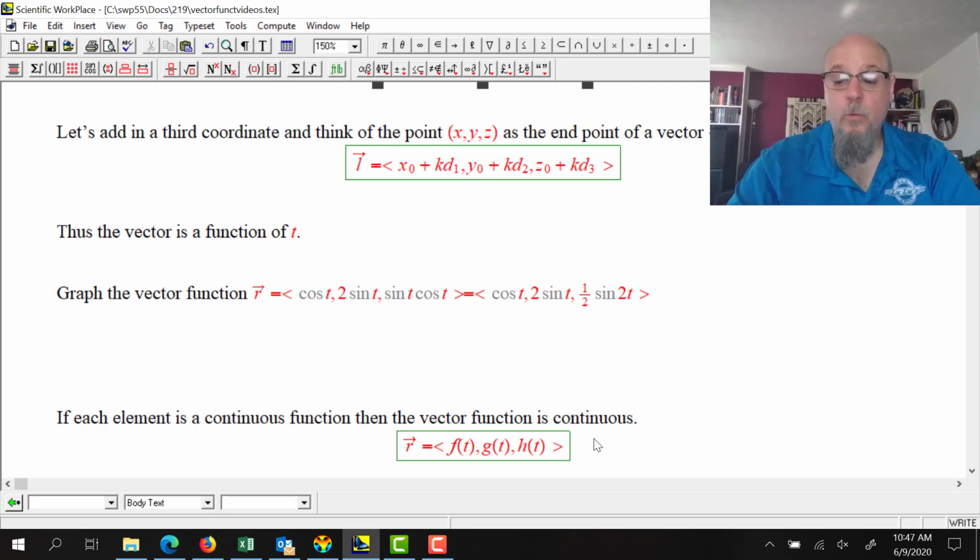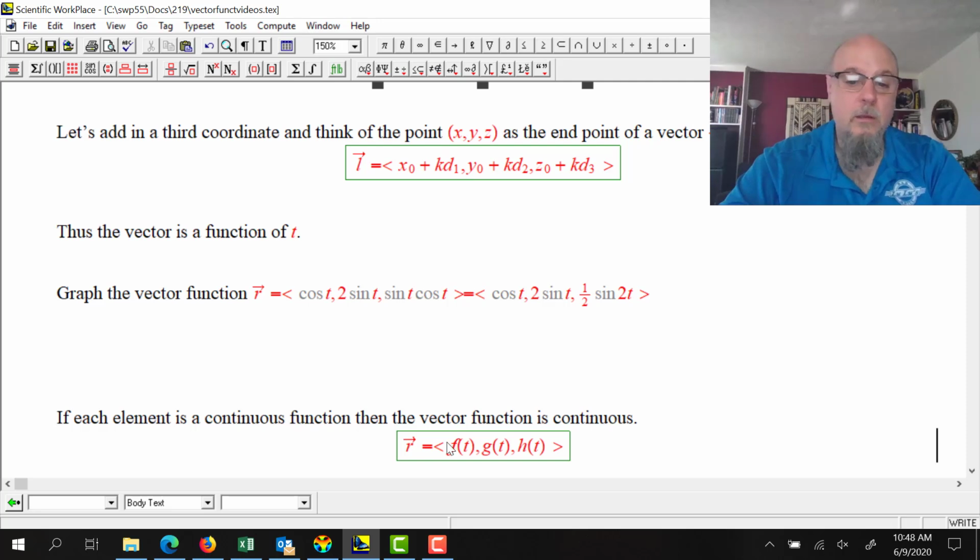Oh, we also want to talk about range and domain of these space curves. This is different than when we first started out talking about range and domain of surfaces. The domain, what values can I plug in? What are the independent values? Well, it's a one-dimensional object, so you're only plugging in one value, the t. So by domain we mean what t's am I allowed to put in? It's a one-dimensional domain.